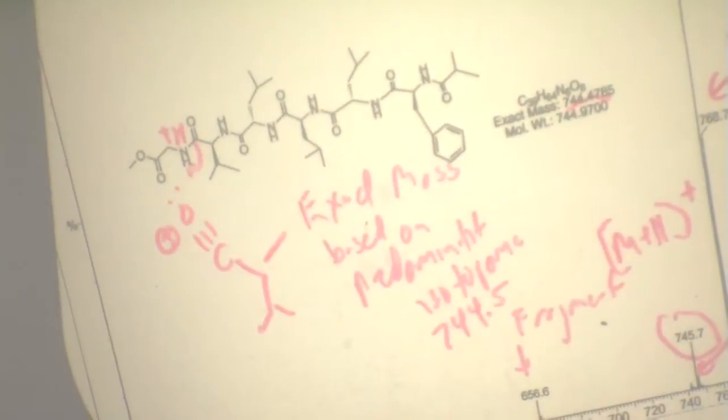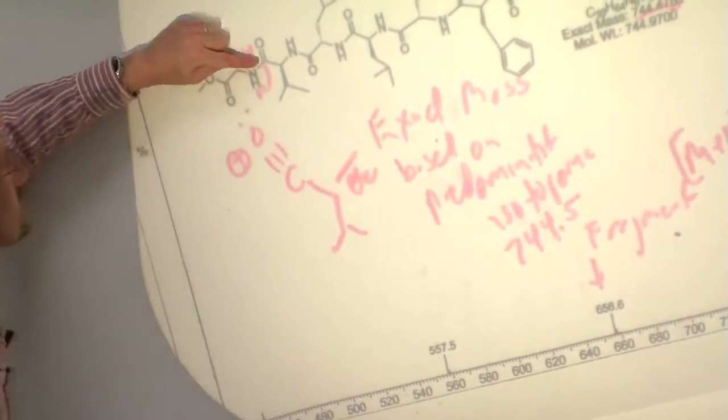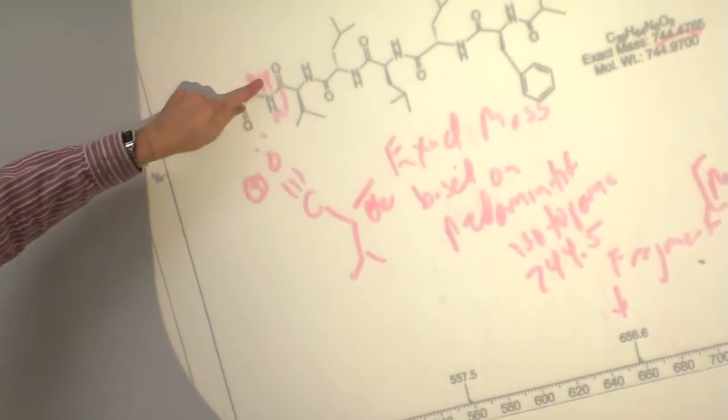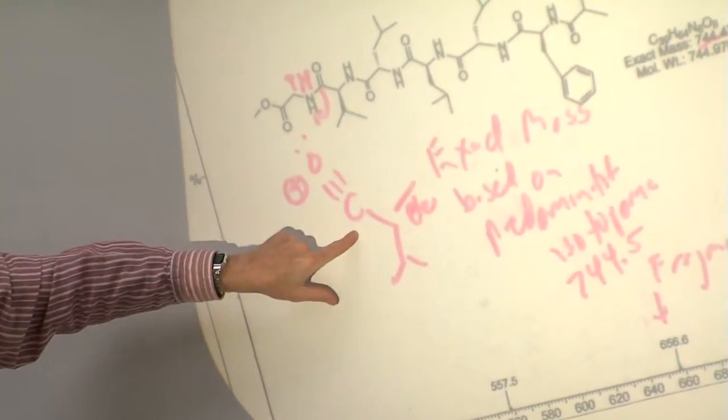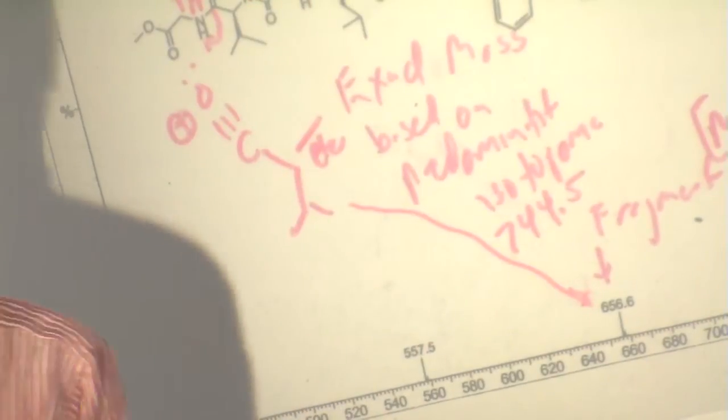And here's where the concept of charge comes in. The fragment is uncharged, so this is basically, I'll just write etc. for the rest of the molecule. We're fragmenting right at this valine to cleave this bond. The charged species gives rise to this peak here, and this is another fragment over here.